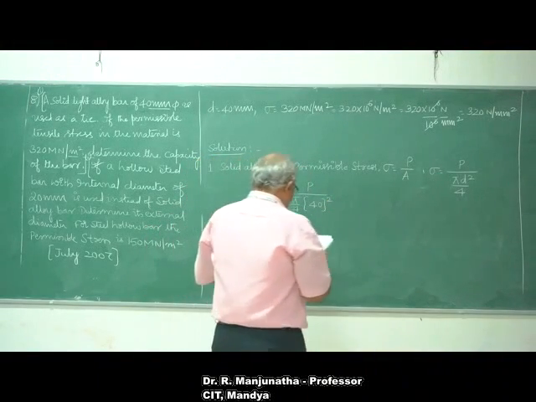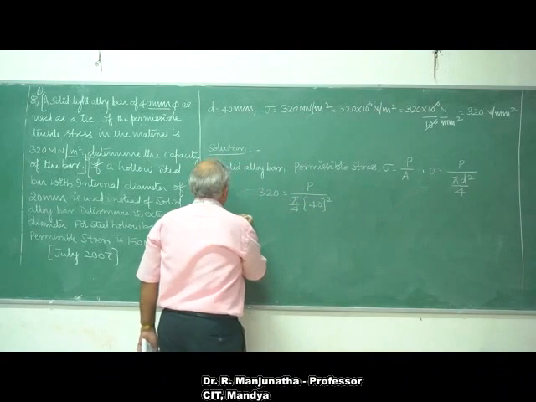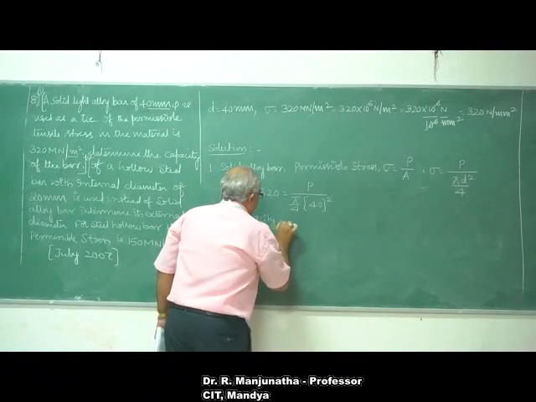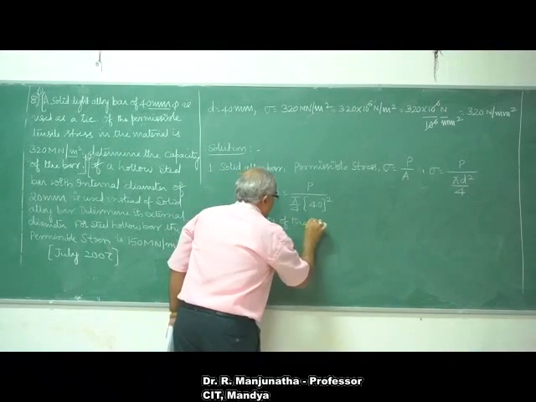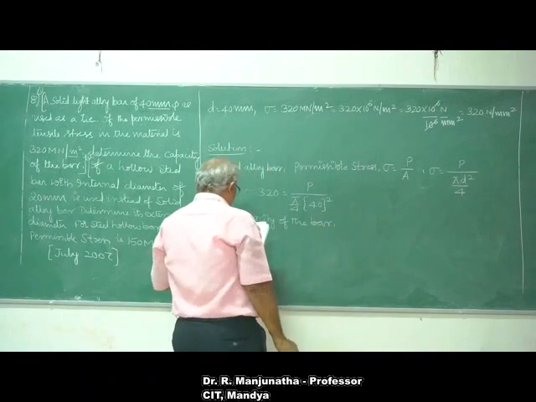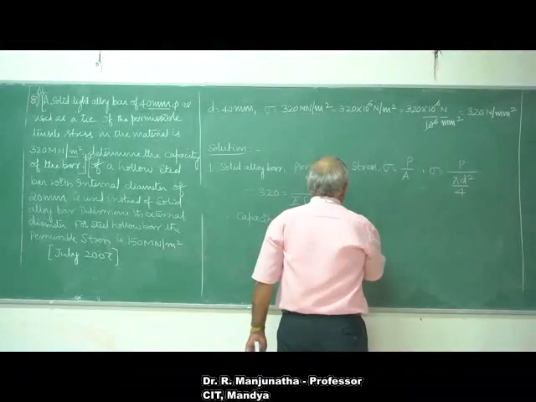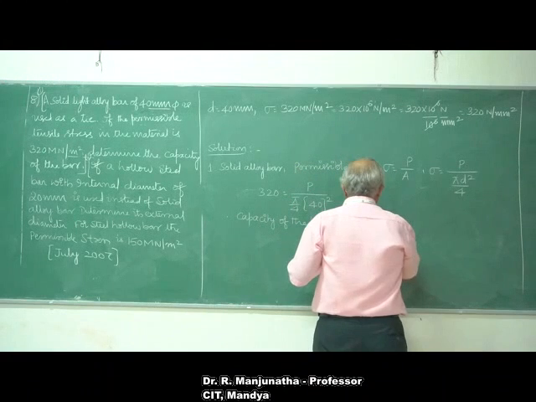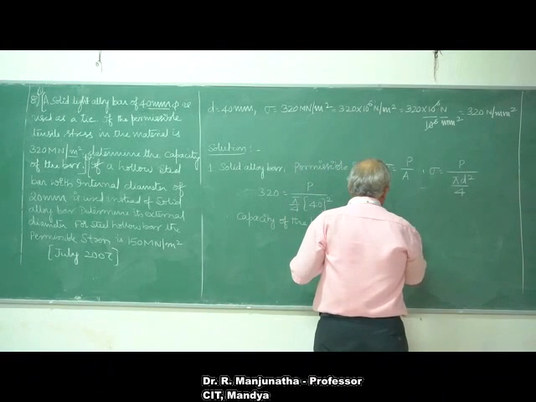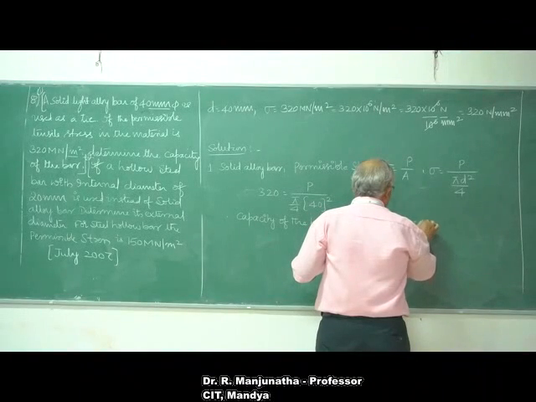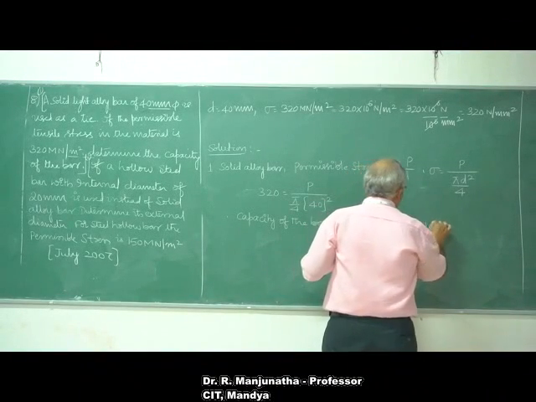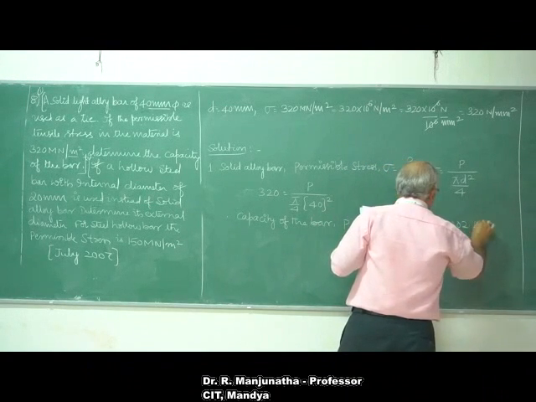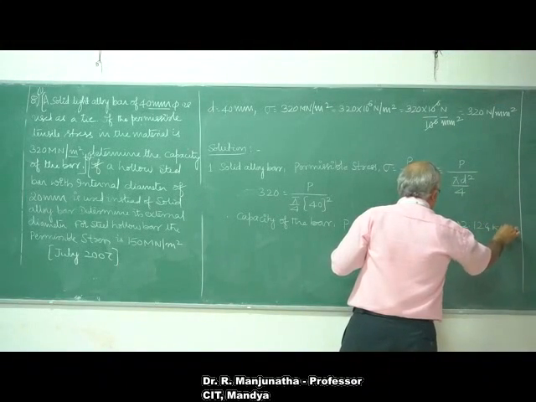Therefore, the capacity of the bar P will be equal to 402123.86 Newton, which will be approximated to 402.124 kilonewton.